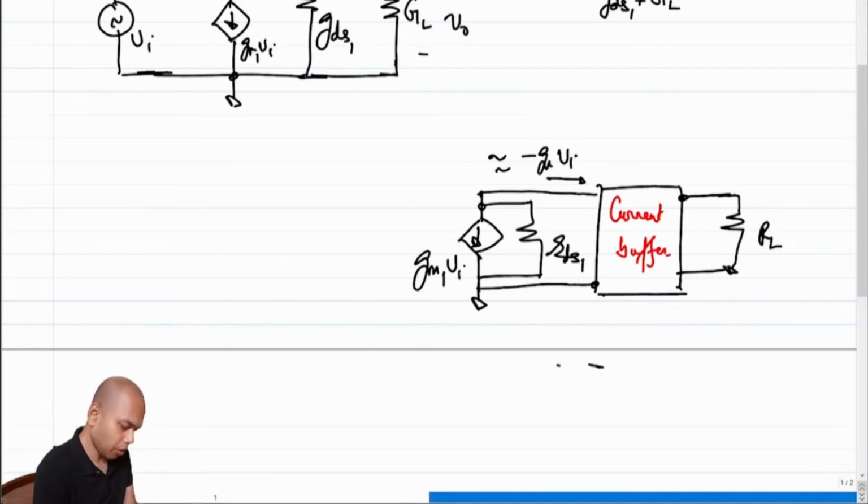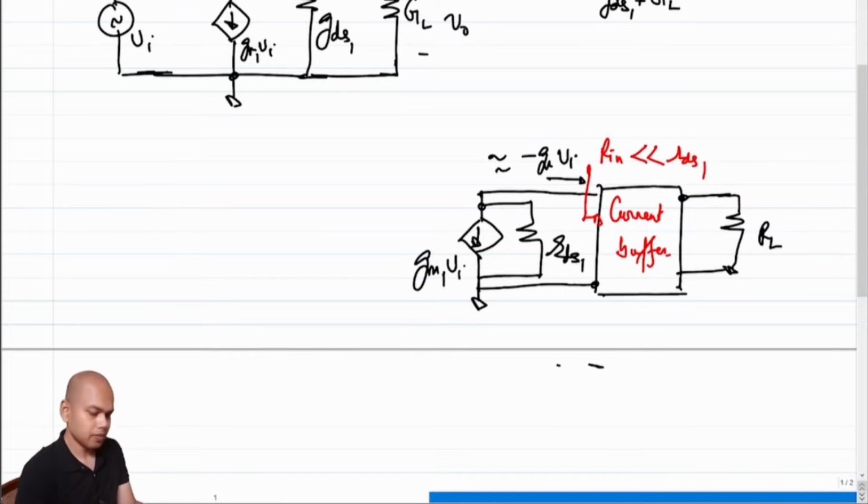So it's approximately minus Gm times Vi, and that was possible only if the looking-in impedance Rin would have been approximately 0, or in other words, Rin is much less than Rds. So this was one of the bare minimum requirements of a current buffer.